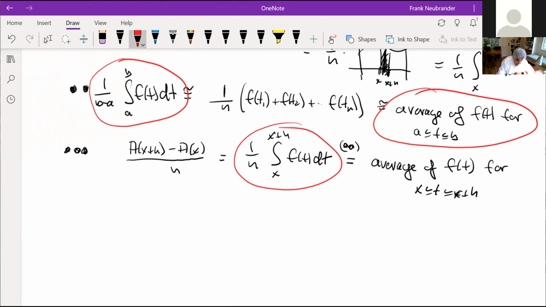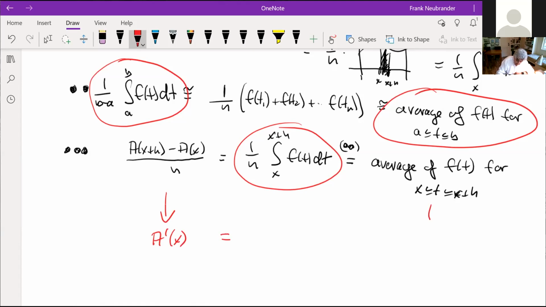So in this case, a is equal to x, b is equal to x plus h, b minus a is h. So it's nothing else than the average of f of t for t between x and x plus h. Now if h goes to 0, this is the definition of the derivative.